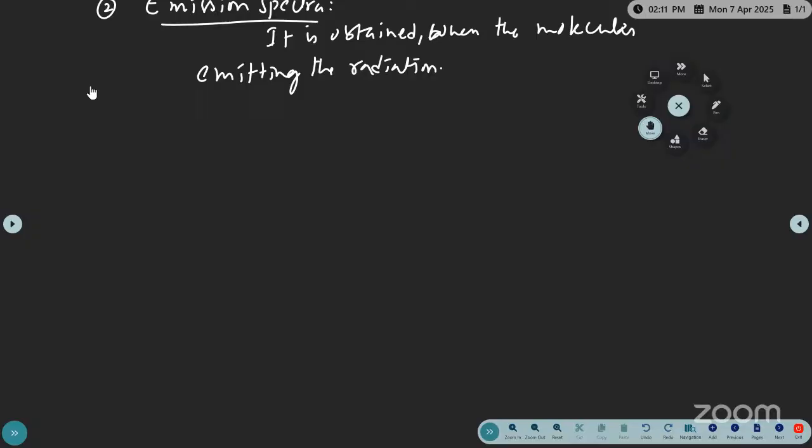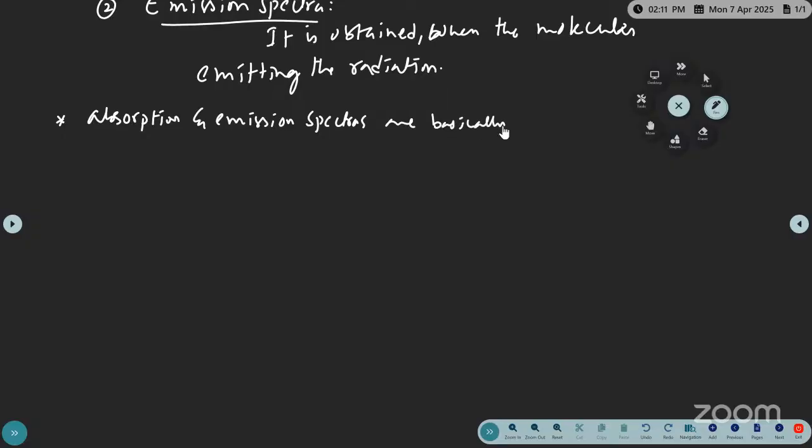So absorption and emission spectra are basically two types.